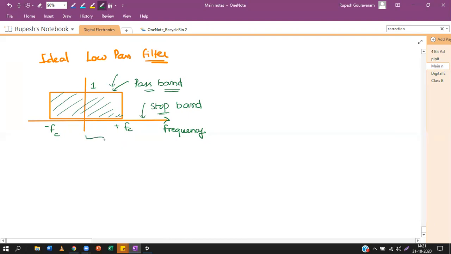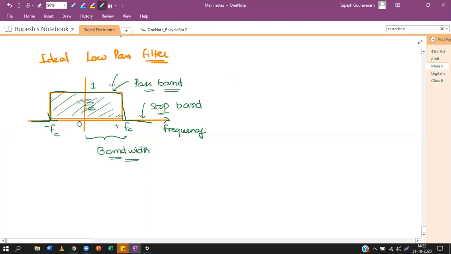This 0 to FC is known as bandwidth, the width of the band allowed by the low pass filter. This is the ideal low pass filter, so this value is 0 outside minus FC and plus FC. Only if the frequencies fall between this range, it will get allowed.